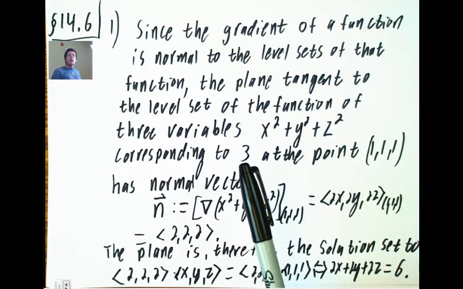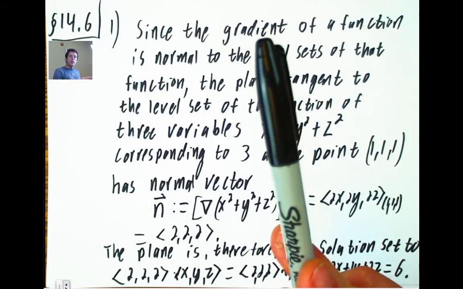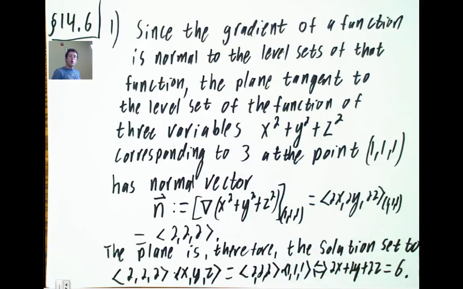Okay. So using this, how we get the normal to a level set has normal vector the gradient of the function evaluated at 1, 1, 1. And so next I calculate the gradient of the function, 2x, 2y, 2z, and evaluate that at 1, 1, 1, which gives me 2, 2, 2.